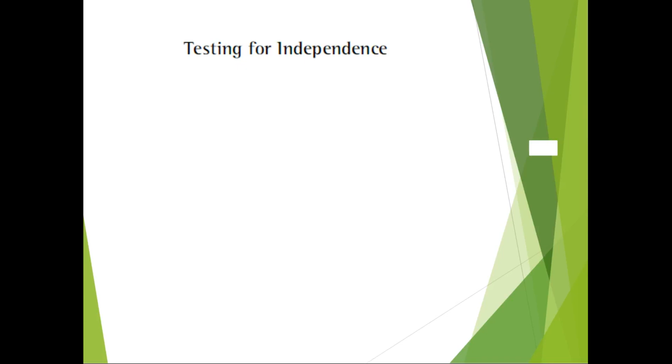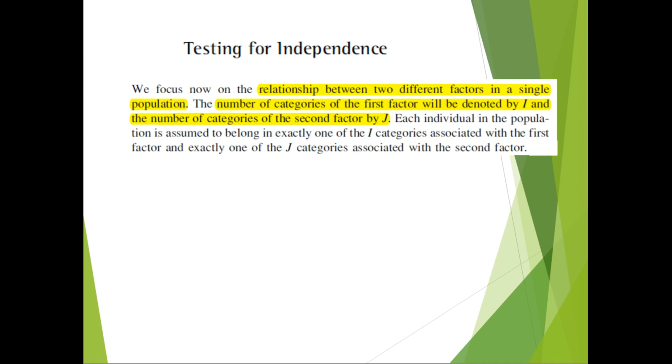In this video, we consider the test for independence, which is the second test that we consider for the analysis of a contingency table, which forms the second part, section 13.3 of chapter 13. Our focus now is on the relationship between two different factors in a single population.